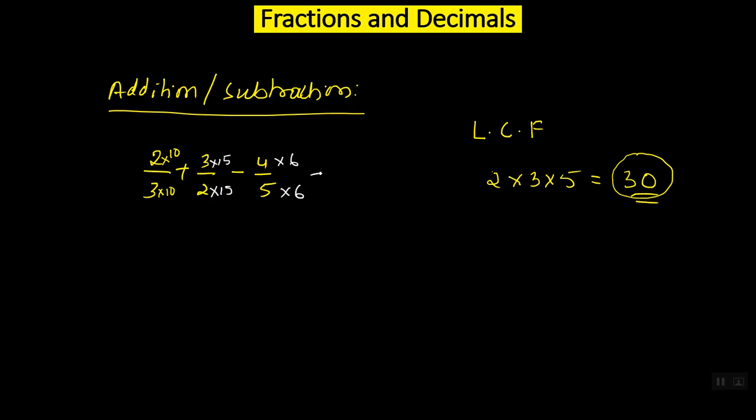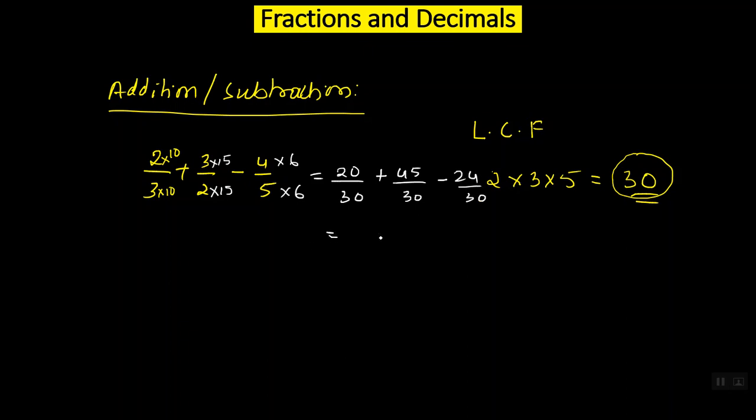Further, we write it in the simplest form. 2 times 10 is 20 over 30, plus 15 times 3 is 45 over 30, minus 4 times 6, which is 24 over 30.